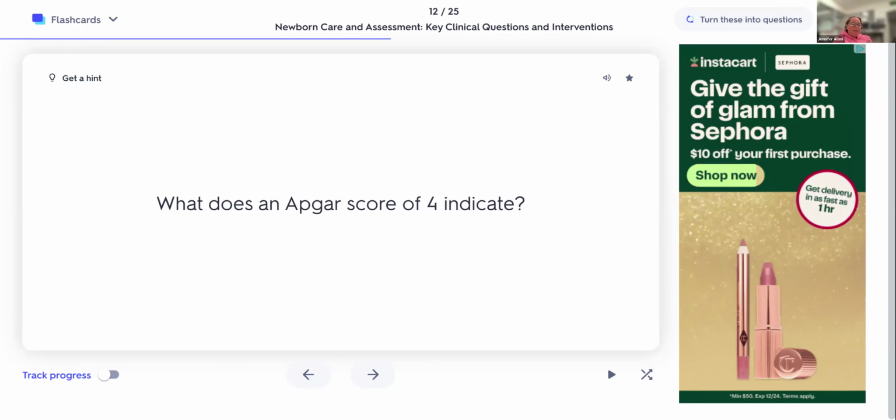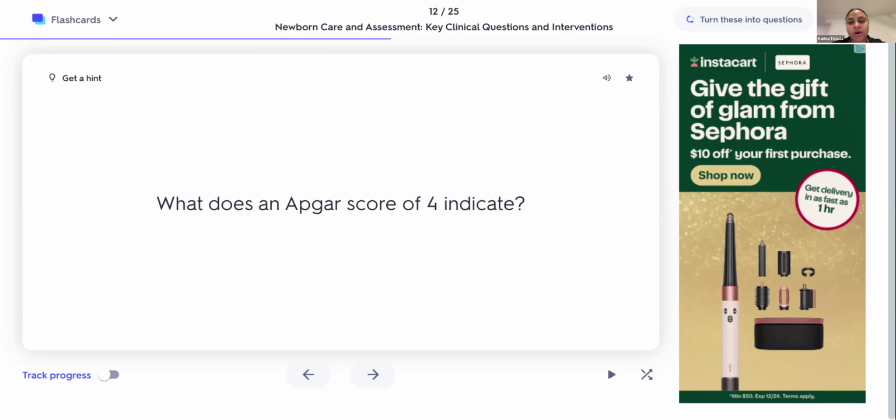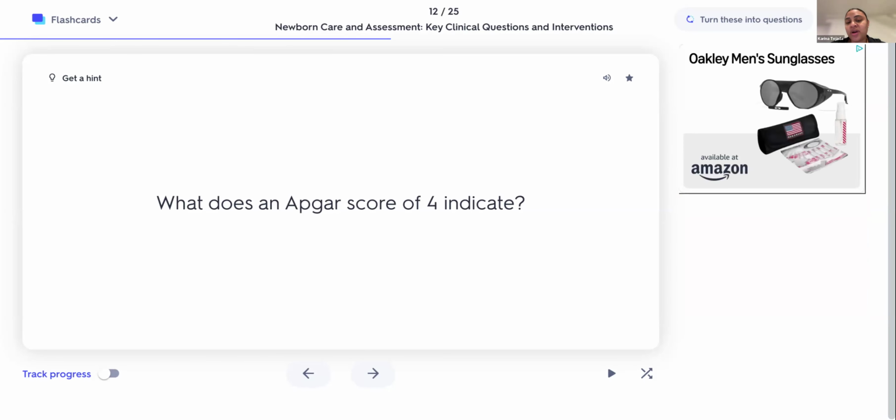All right, go. APGAR score, go ahead. What does an APGAR score of 4 indicate, or what can it indicate? All right, so with an APGAR score, you're checking heart rate, skin color, respiratory rate, is it moving? And what about if its extremities are blue?